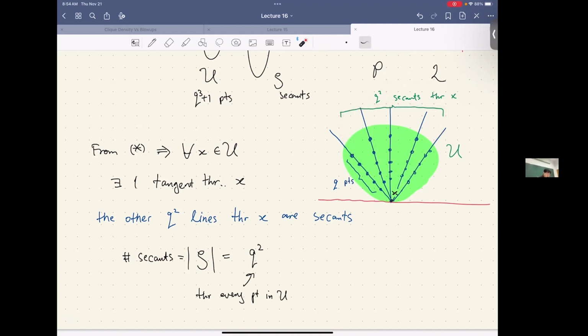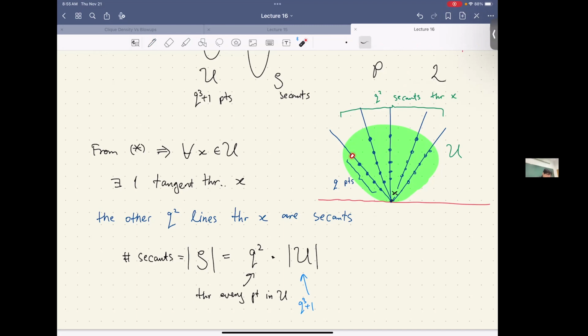And how many points do we have? You need to multiply by the cardinality of U, which is q cubed plus 1, the number of unital points. But we overcounted. Why?